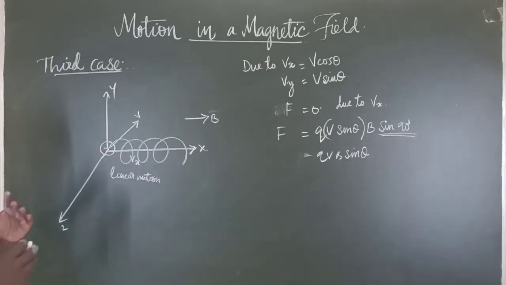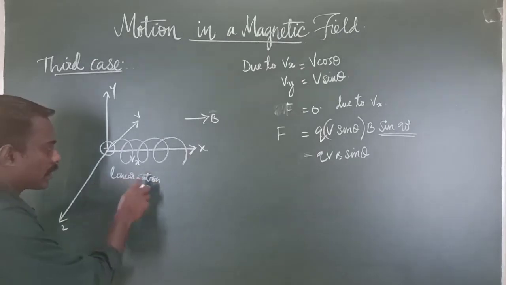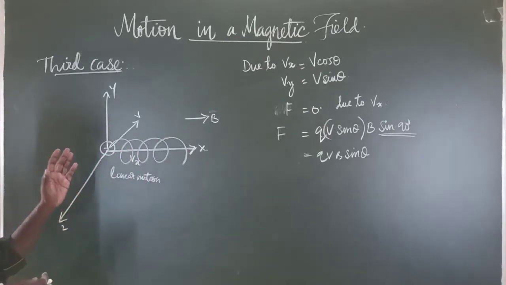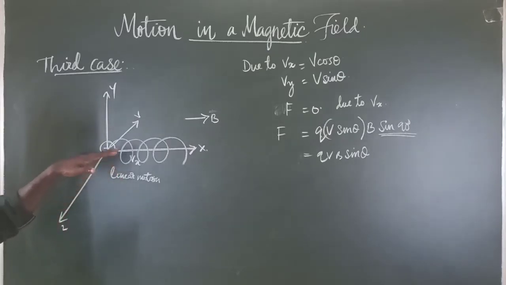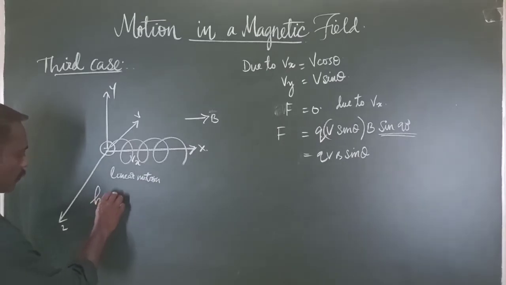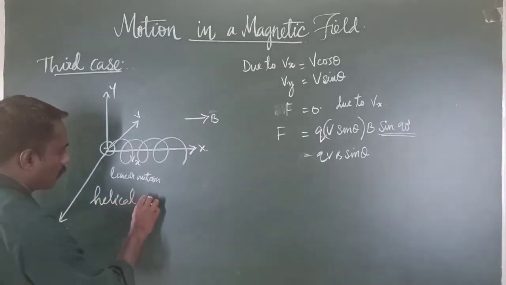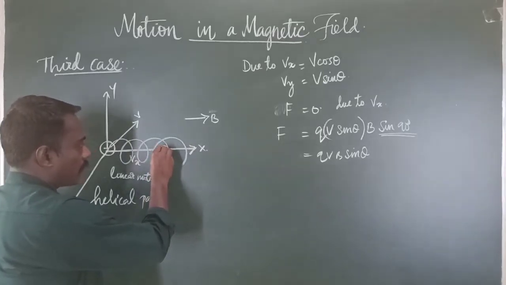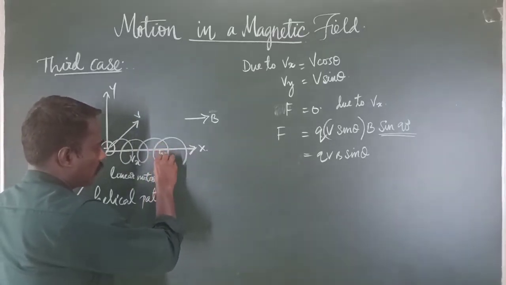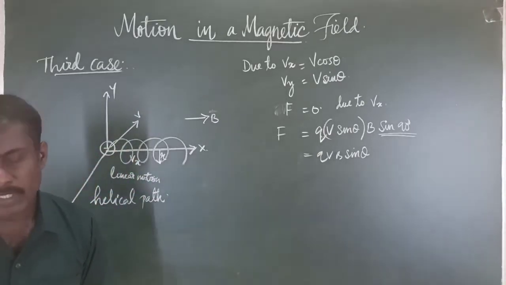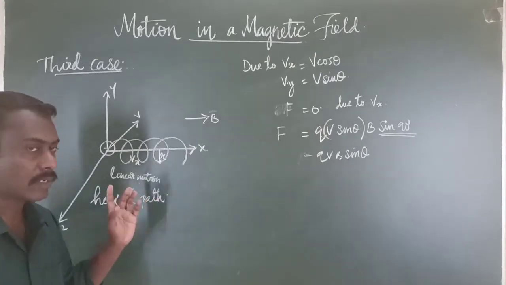So two kinds of motion at the same time, a linear motion and a circular motion, and therefore this path followed by the charged particle is known as a helical path. The radius of this path is from the mean point, and from this equation we can calculate it.